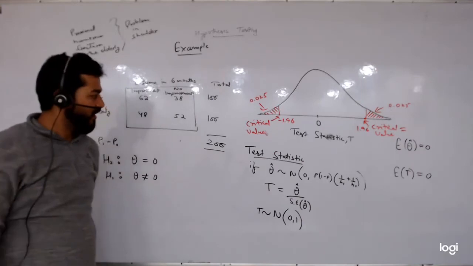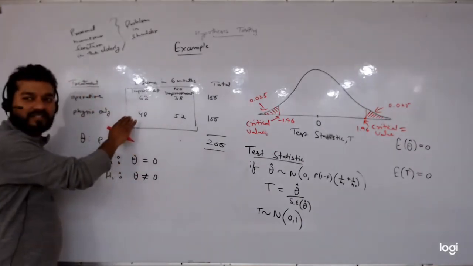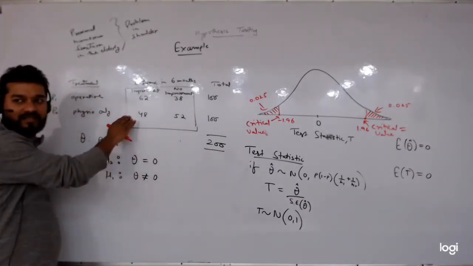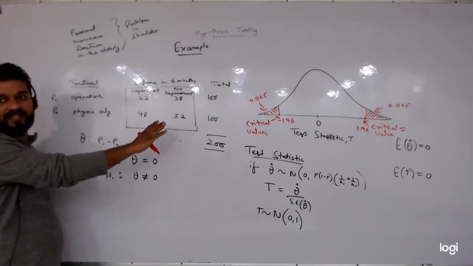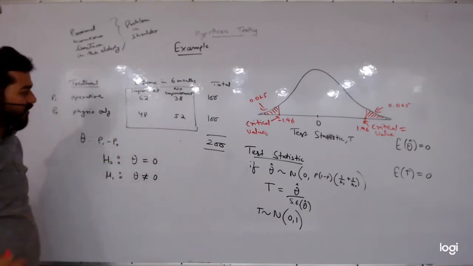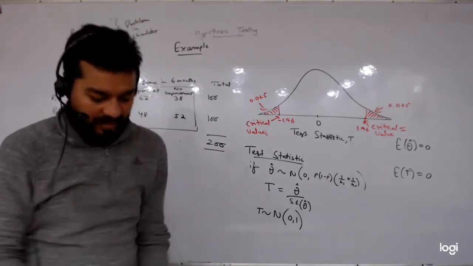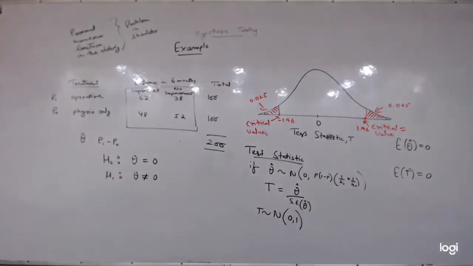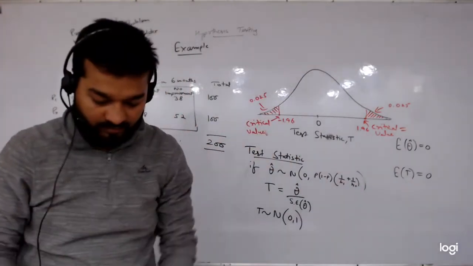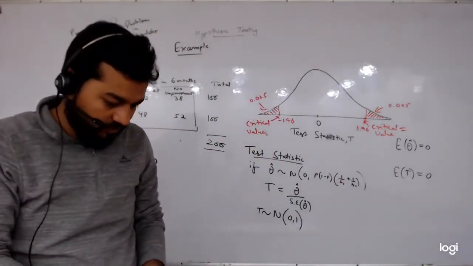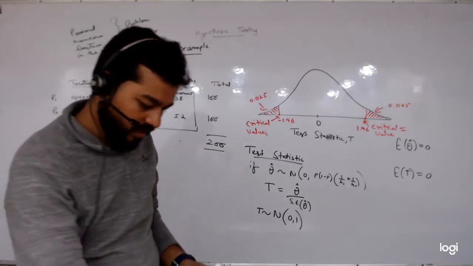Now we already have data. Now this is ripe for testing. What do we do from here? We calculate the value of the test statistic. How do we do that?